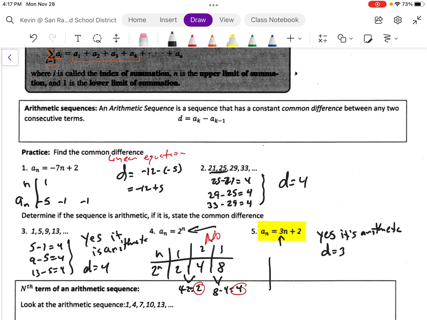And if you're not quite sure, you can always plug in a few different terms. 3 plus 2 is 5, 6 plus 2 is 8, 9 plus 2 is 11, and we see that indeed we have a common difference of 3.